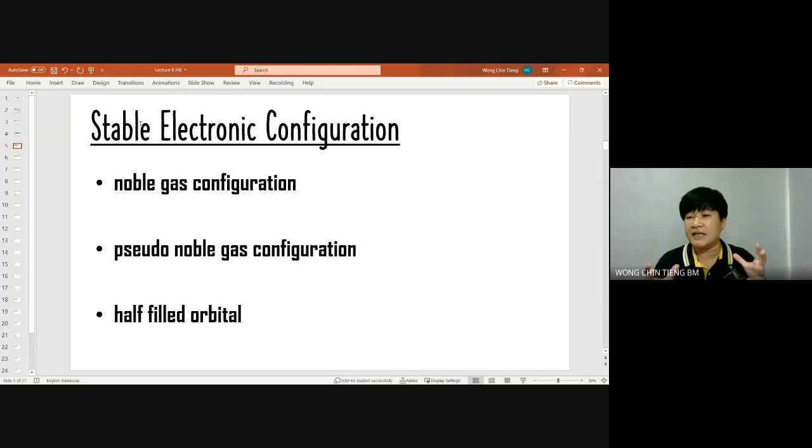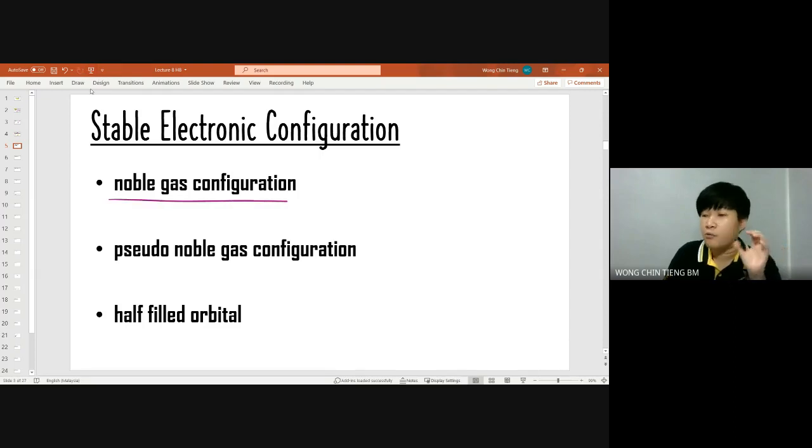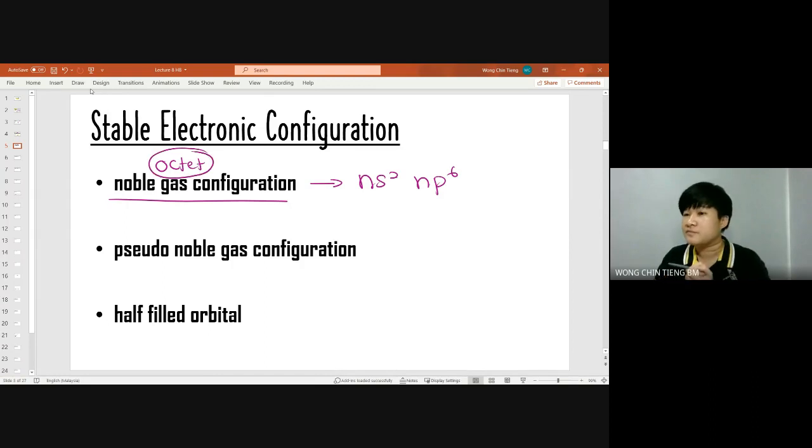Alright, tapi hari ini kita ada d block. So, bila kita ada d block, we have different stability. Okay? Bear that in mind, different stability means they are still stable. So, the noble gas configuration is the one that we have just now, which is your ns2 and p6.